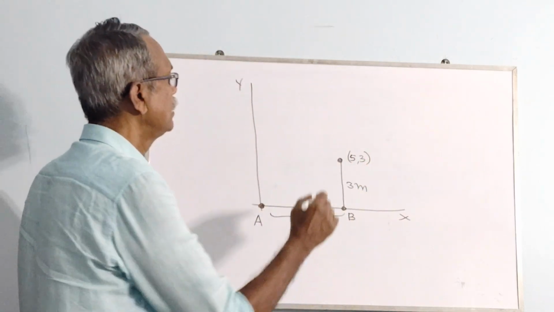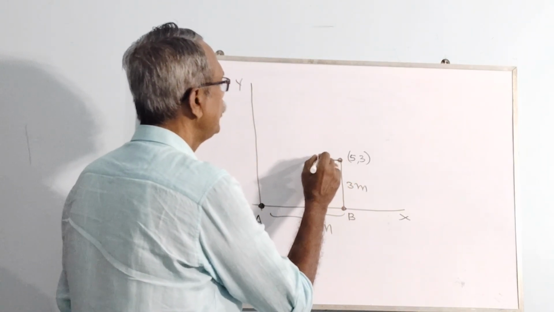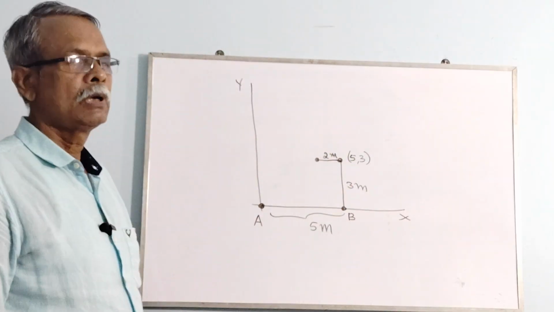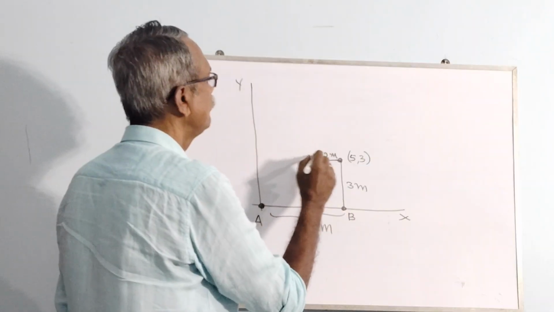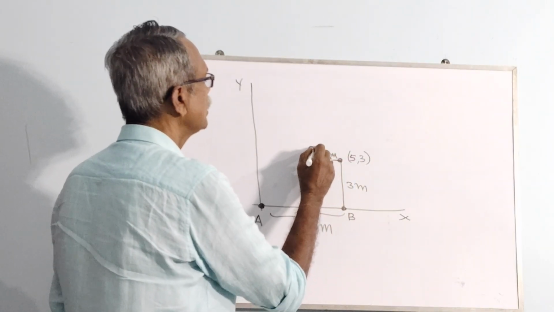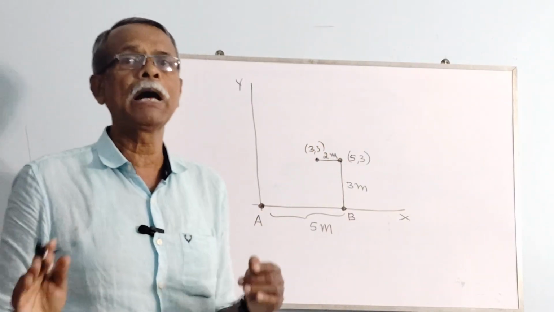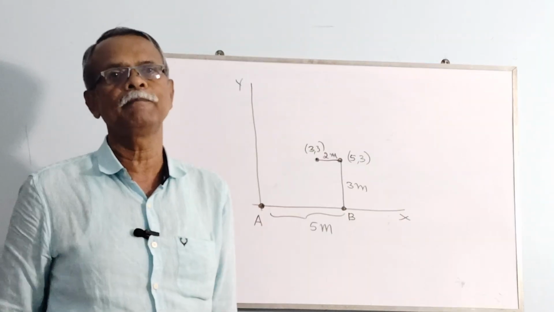From that, it is moving towards the left by 2 meters. And this point will be 5 minus 2, that is 3, 3. So this is the path of the particle, which we call as the trajectory of the particle.